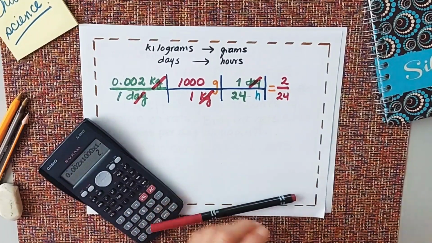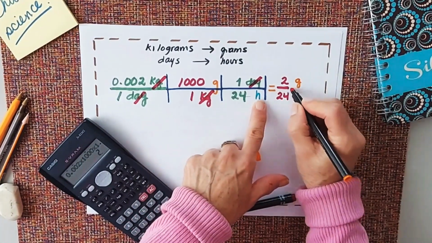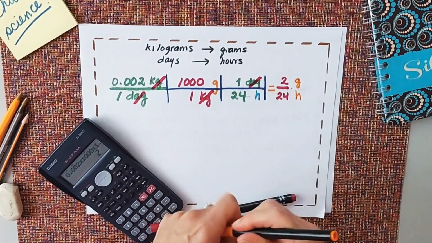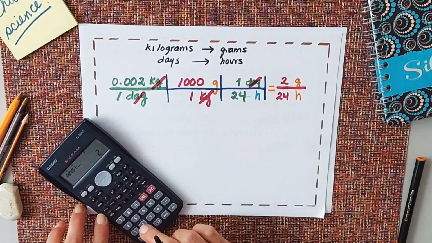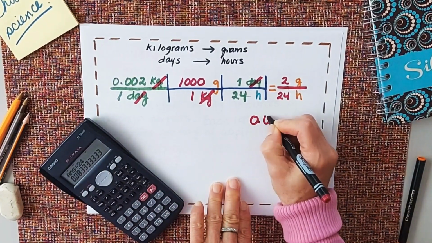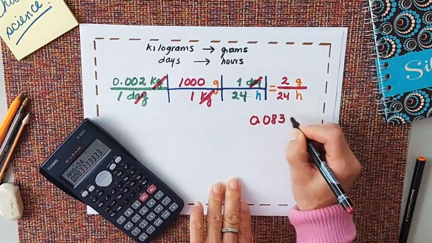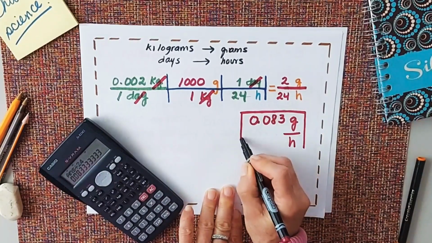Finally, we have grams on the top of the fraction and, on the bottom, hours. Now we are going to do the division: 2 over 24 equals 0.083 grams per hour. And this is the result of this conversion.